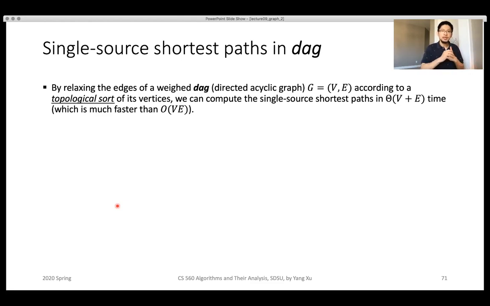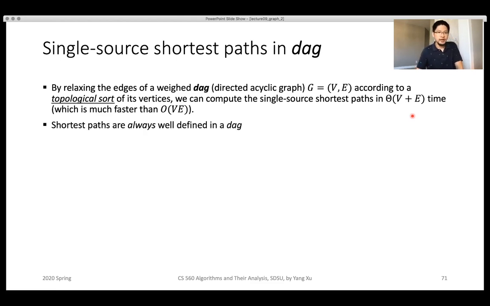We simply rely on the results from the topological sort on this graph, so that we can improve the running time for finding the single source shortest path from the original big O of V times E to the current big theta of V plus E. So it's basically a linear running time algorithm.